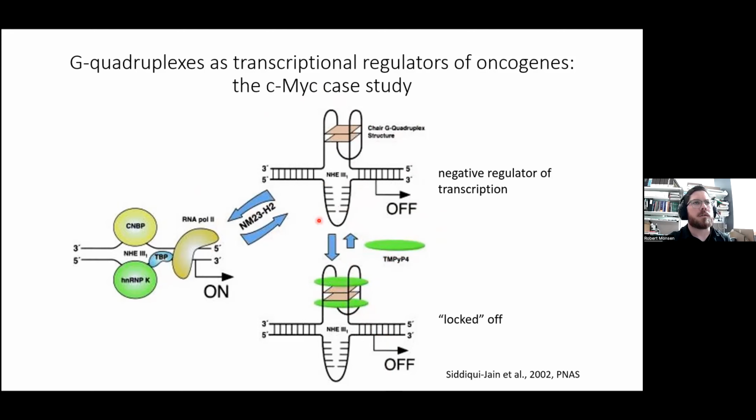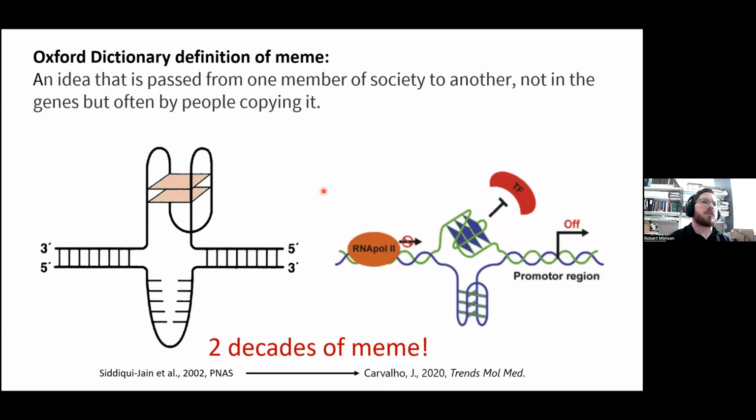But another reason why I'm showing this schematic here is because although at the time this was very innocuous, drawing the schematic like this has actually become sort of pervasive in the field. And so this gets back to the title that I have for this talk. Oxford Dictionary's definition of a meme is an idea that is passed from one member of society to another, not in the genes, but often by people just copying it.